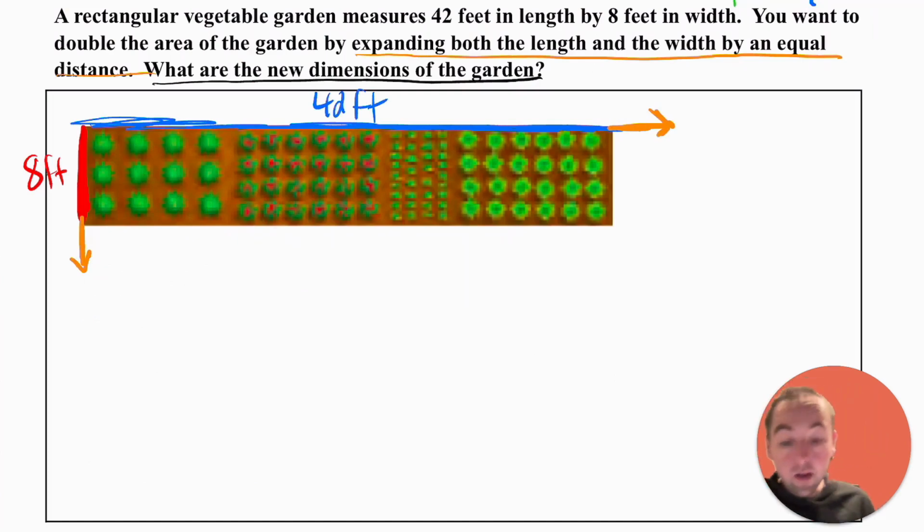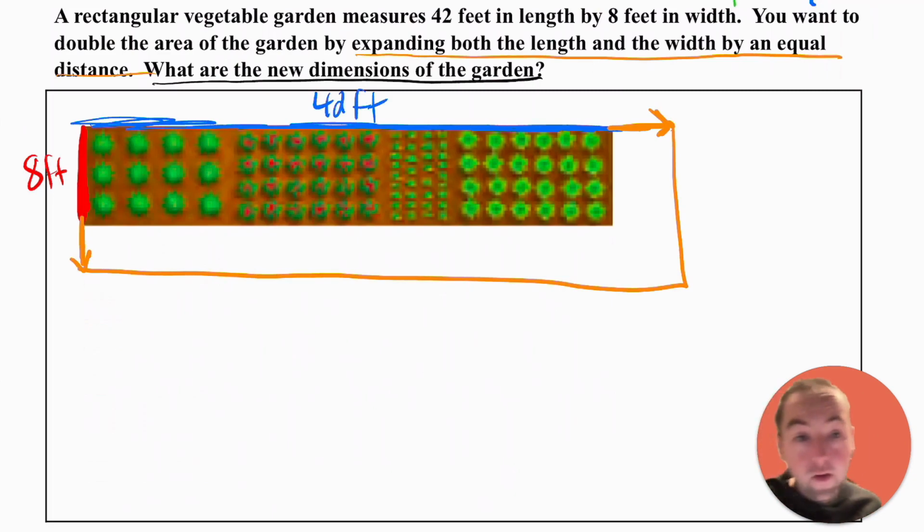And ultimately, however far we expand out that direction, and that direction is going to be the same, right? So, for example, if I were to make this 2 feet longer that way, then that would have to be 2 feet longer that way. So it's an equal distance, right? So what will happen then is we're going to get a garden that's bigger, right? Now that's going to be a new rectangle, and we want it such that the area doubles, right?